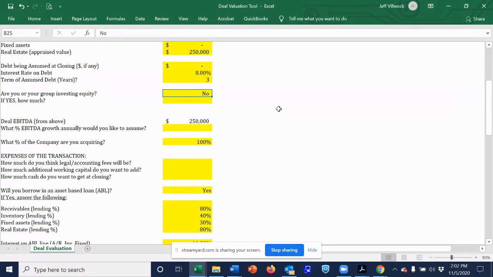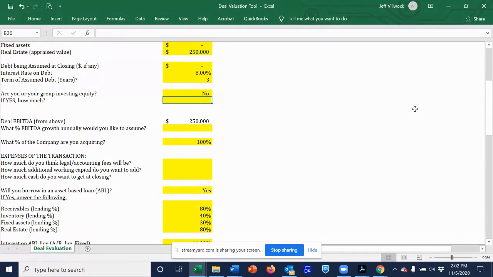Now let's come down here. Let's say you bought the business and there did need to be renovations, then that's where you would put the number here, right? That's right. As we go through this, you'll see what the end result is at the bottom of the spreadsheet.